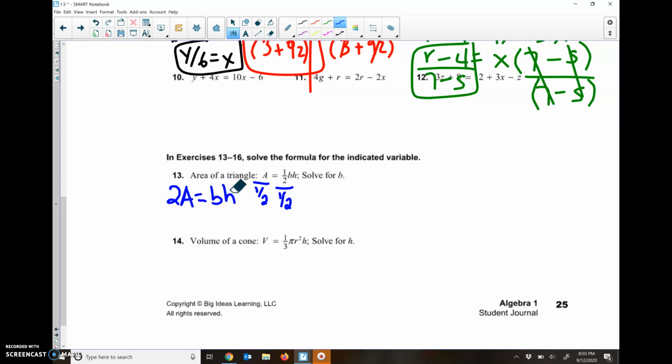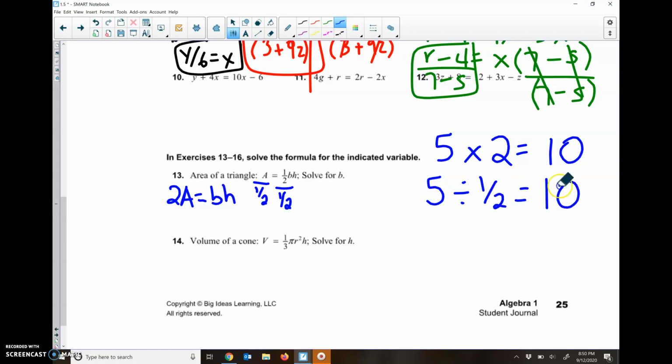I'll explain that with numbers. If I have 5 times 2, that's 10. If I have 5 divided by 1/2, that's also 10. So dividing by 1/2 and multiplying by 2 are really the same thing. Back in 3rd grade when we learned division, 5 times 2 meant 5 groups of 2: 2, 4, 6, 8, 10.